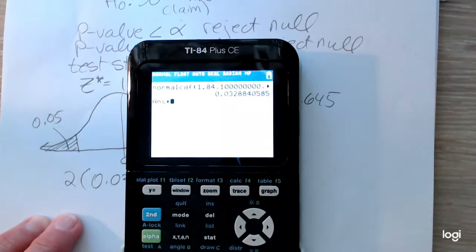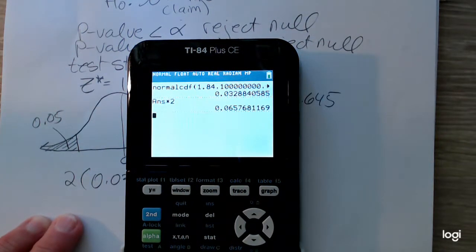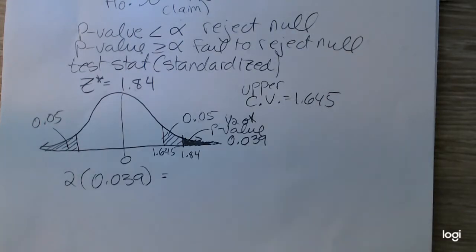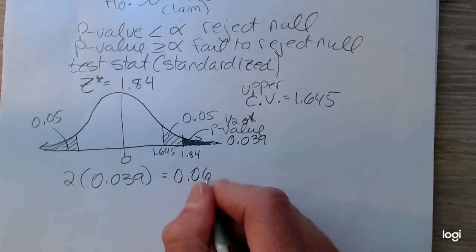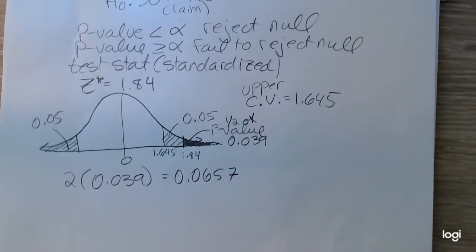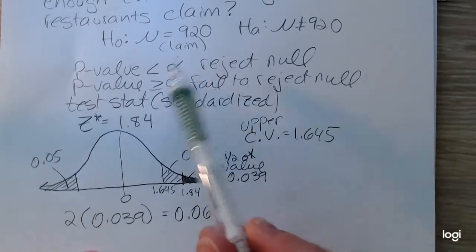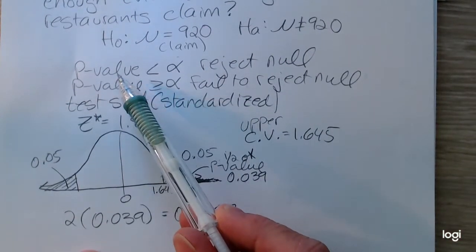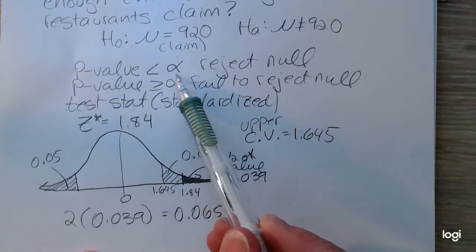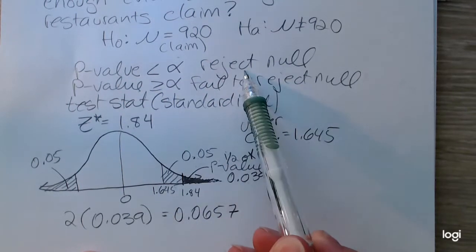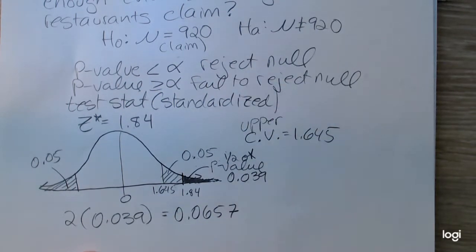So I can just double that value I have, and that's going to be about 0.0657. All right, so there is our full p-value. Taking a peek at our decision criteria, if the p-value is less than alpha, you reject the null.